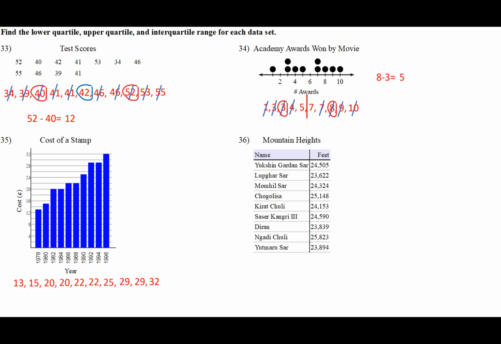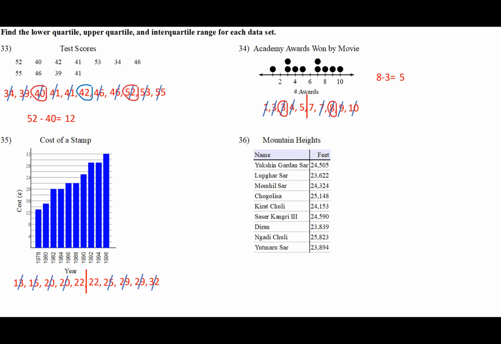All right, so let's start by finding the median, because that separates my list in half. So I'm gonna cancel the smallest and the largest again, again, and again. I'm gonna draw a line right there. That's the median. My median will be the number between 22 and 22, which is still 22.